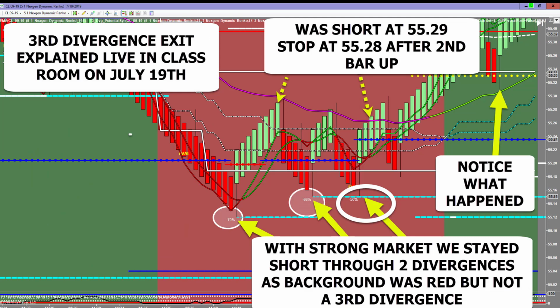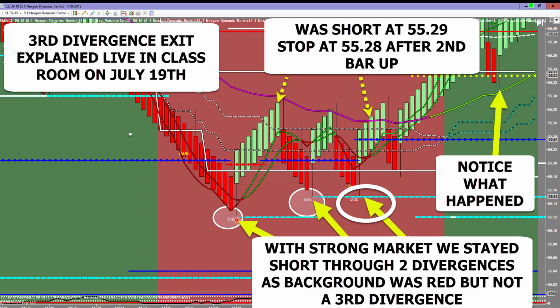There was one that we did in class yesterday. This is literally the end of the day yesterday. We were short. My wife was actually short at 55.29, and most of the people in the class were short there. And we had a number one look.